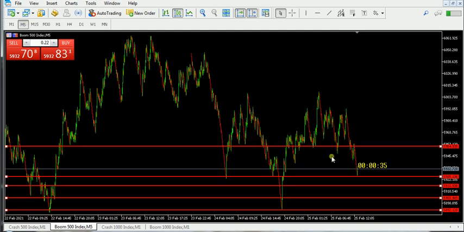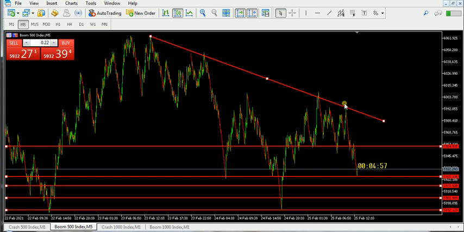So with the Boom tool, you can make some trend lines from this point to this point. If you are a trend trader, once price touches this level, you can make a sell, or you can wait for a drop down, then you enter, or you wait for a breakout.